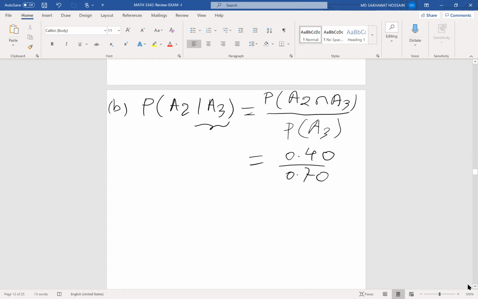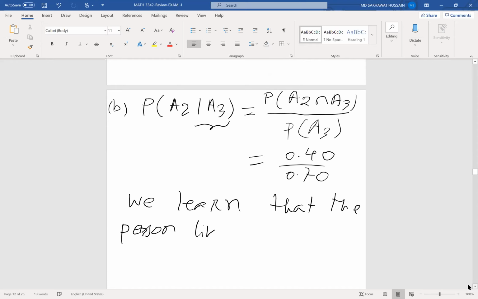So this means we know that the person likes vehicle number 3.